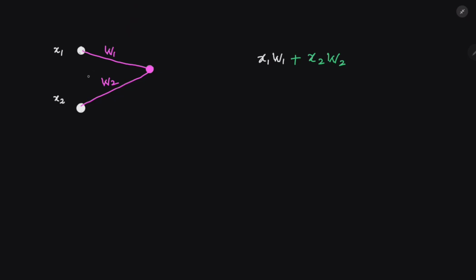Since we have only two inputs and one output, the sum of these two expressions will give you E. But remember, there is no bias term added into the summation.